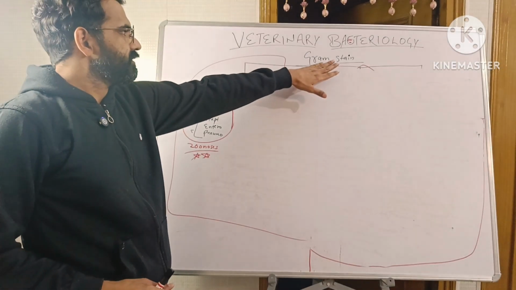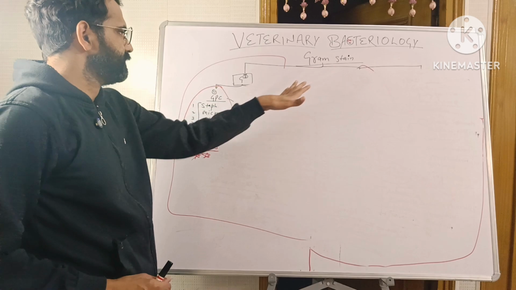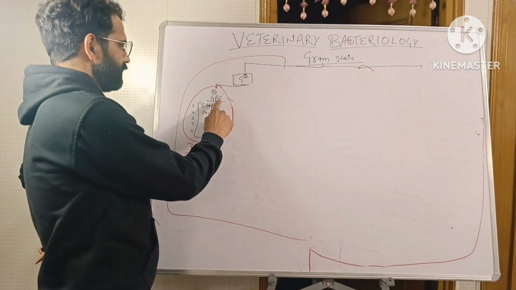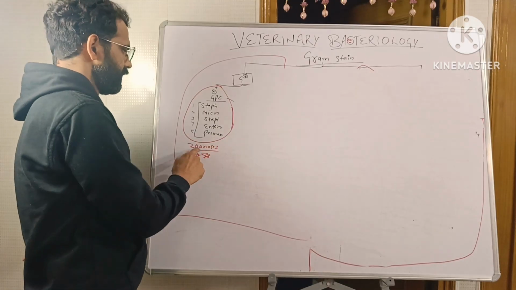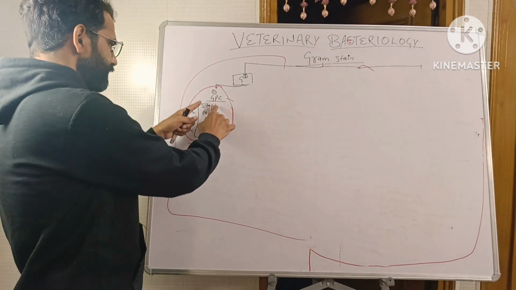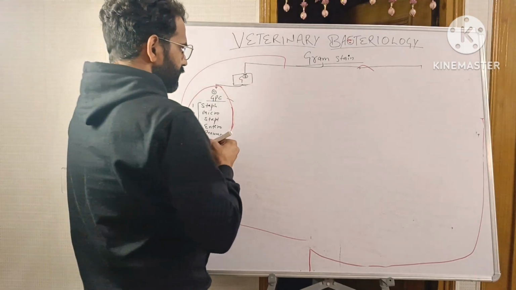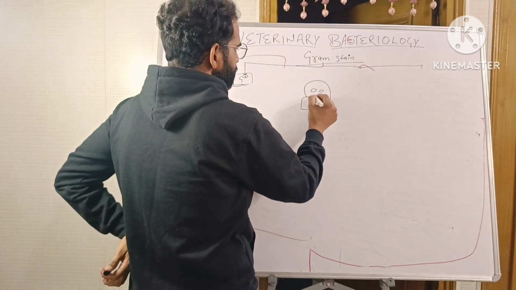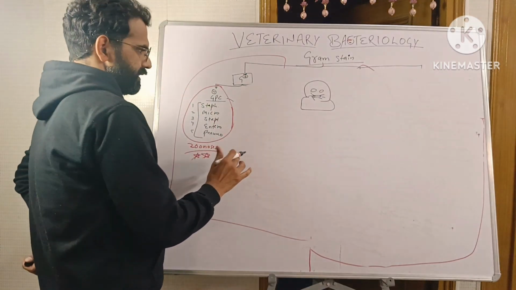So starting with the gram stain, gram positive and this gram positive cocci, we have these 5 bacteria and they are kept in one bag. So we'll divide these with the help of two tests.